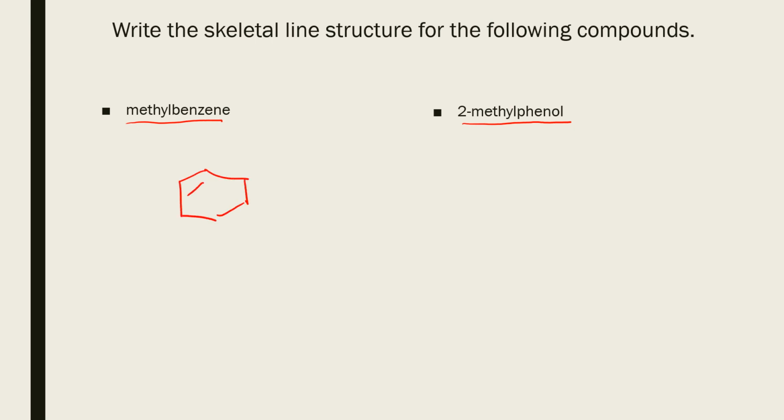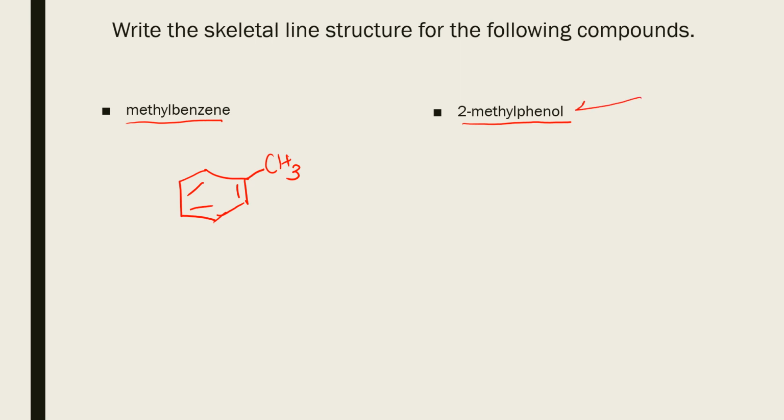So this is benzene, and methyl is the alkyl substituent. We can write it at any place because in the case of a single substituent, it does not matter where it's connected. That's always going to be the number 1 position.